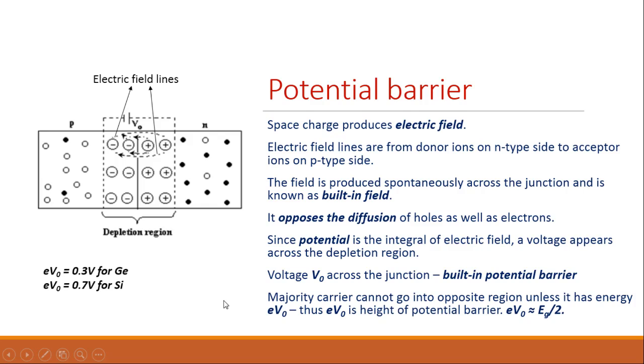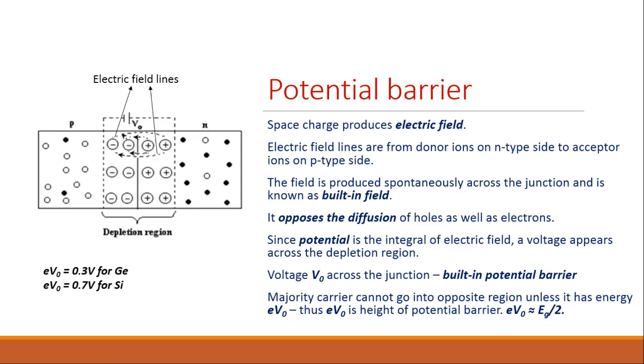So, if this diode is made from germanium, then we will need to supply at least 0.3 volt of external bias to this diode in order to overcome the internal potential barrier. And if this diode is made from silicon, then at least 0.7 volt of external bias has to be provided in order to cause the holes and electrons to diffuse into the opposite regions and start the conduction.